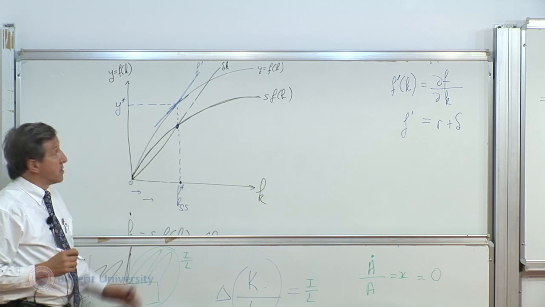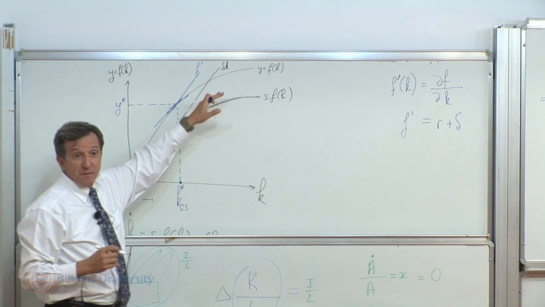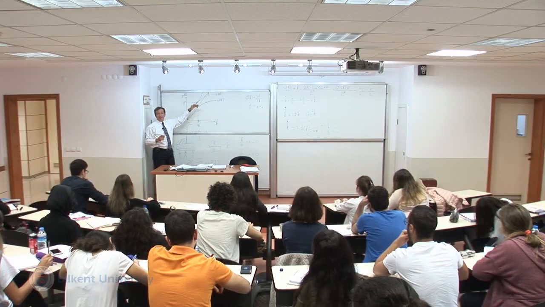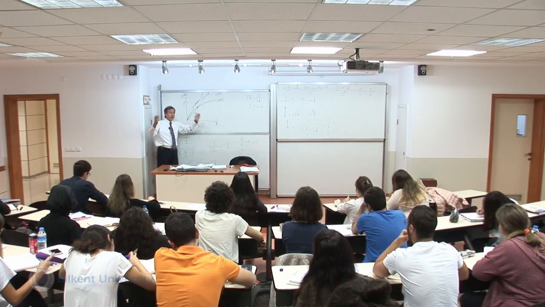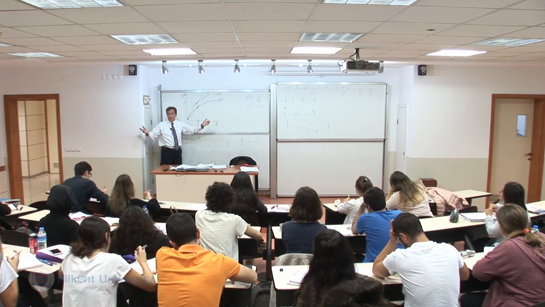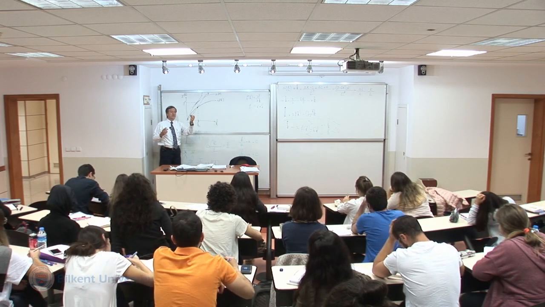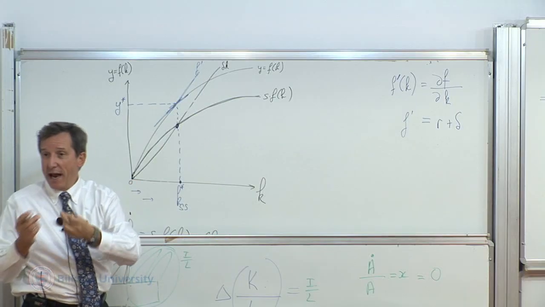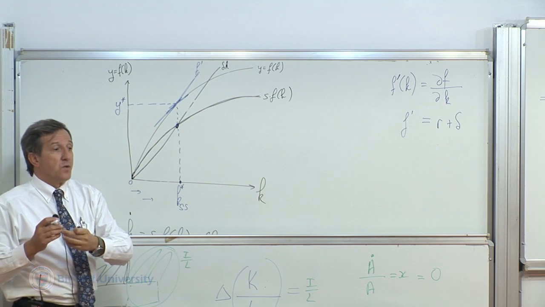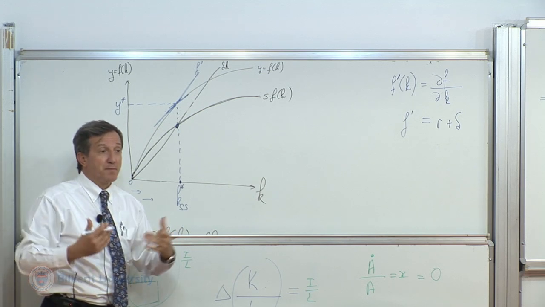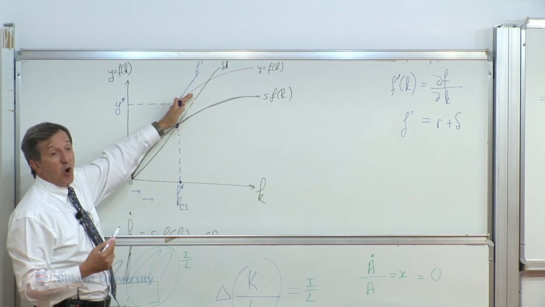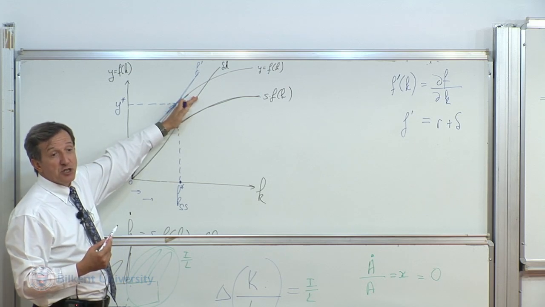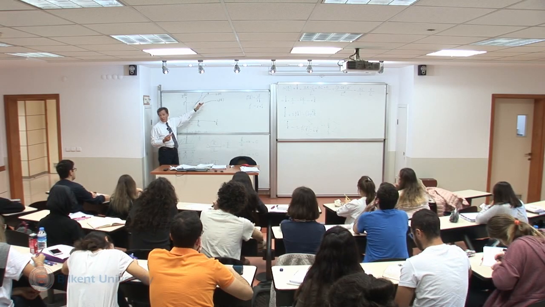The tangent of this production function, the slope of that ray, is what I call the derivative. That is, given an infinitely small change, which is approximated by the slope of the ray that is tangent to the production function at that point.